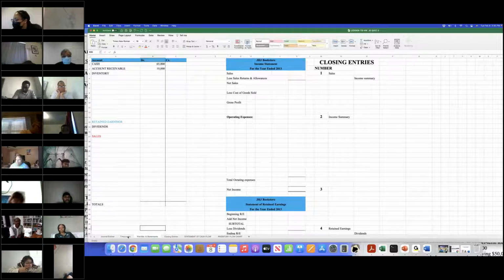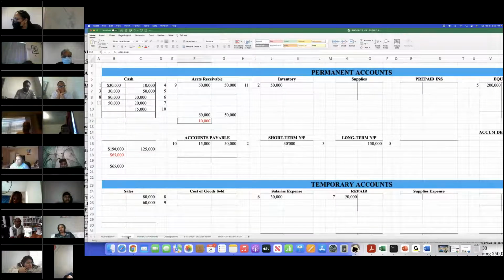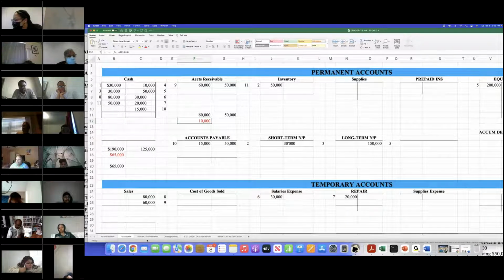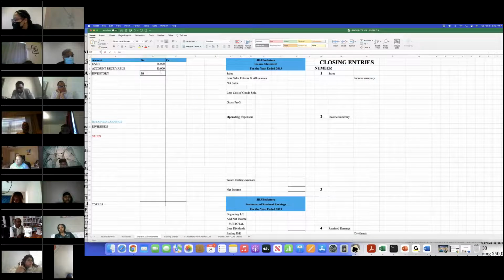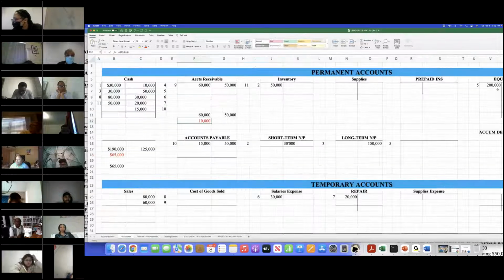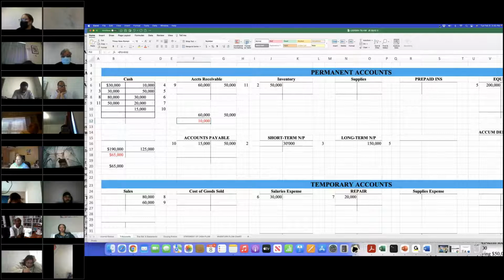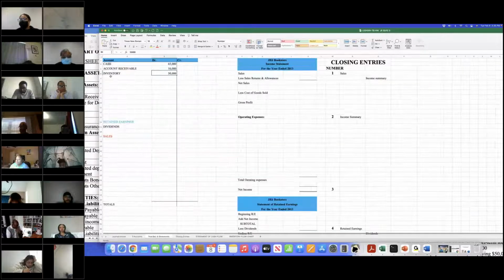Next we go to inventory, 50,000. Then we go into equipment, 200,000.